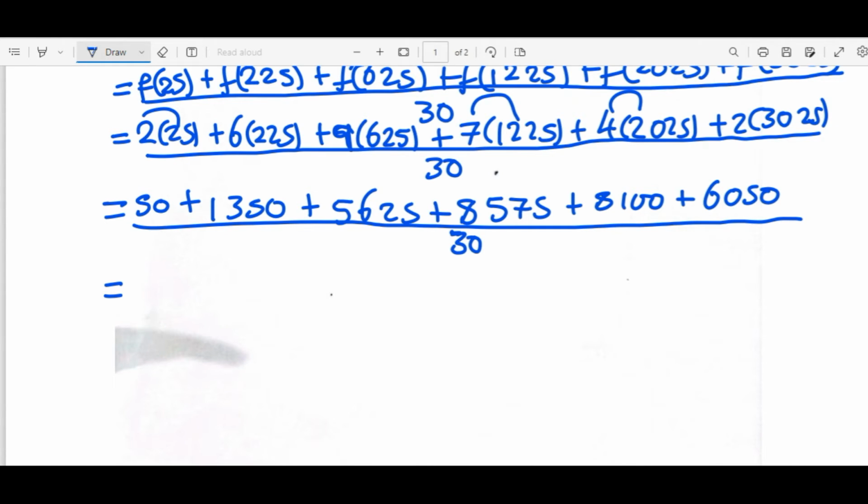So I'm getting 29,750 over 30. Please make sure that you don't make a simple mistake. So if we divide by 30, I'm getting 991.7.